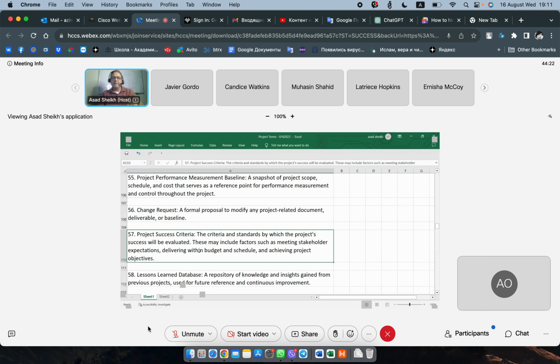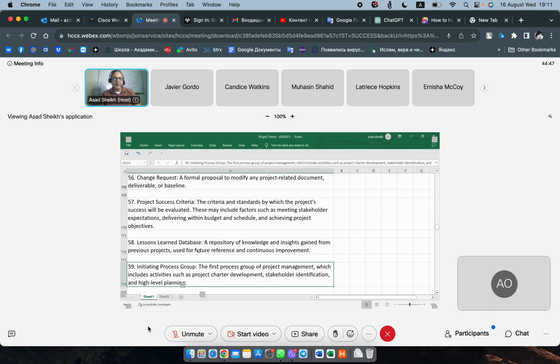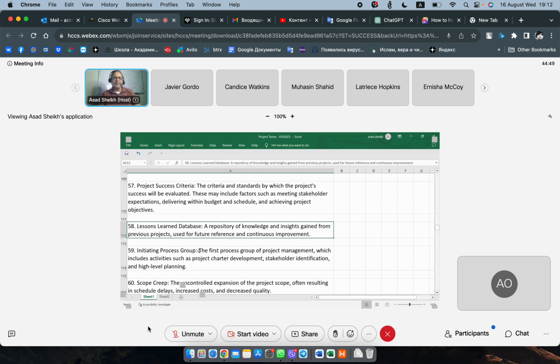You've got to make sure they've done the due diligence and they've gone through building and testing and training and change management and validation. UAT is what they call it, user acceptance testing, or just validation. So those could be on your success criteria. Make sure all of that is done. Lessons learned database. Sometimes you keep the lessons learned in a database so you can reuse it, repurpose it.